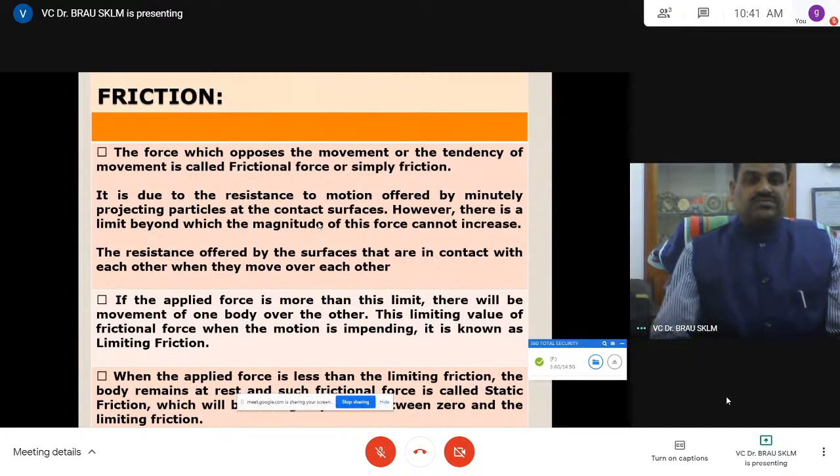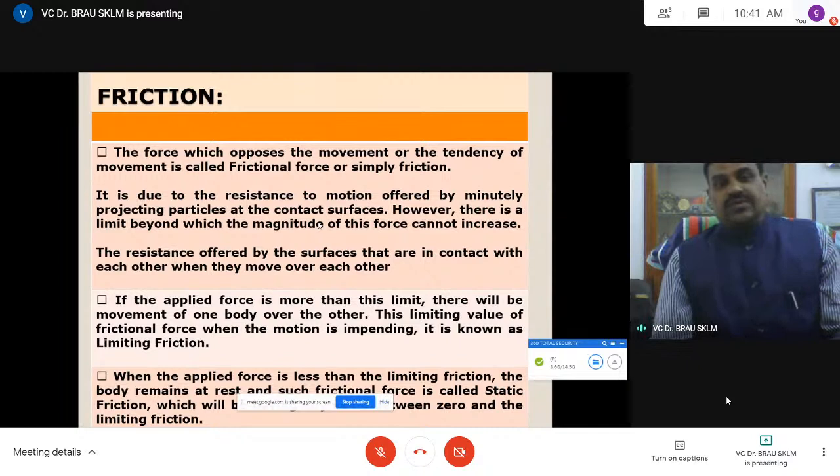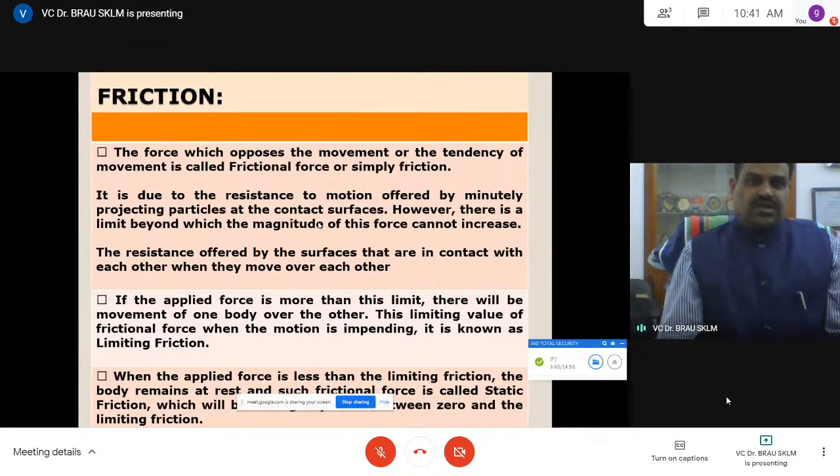Sometimes there is a direct contact between the two surfaces. Definitely, there is some amount of friction. There are cases where we neglect the friction, taking it as zero, for smooth surfaces like ceramic tiles, granite, like that. Any surface which is in a smooth form, we will generally consider the friction zero.